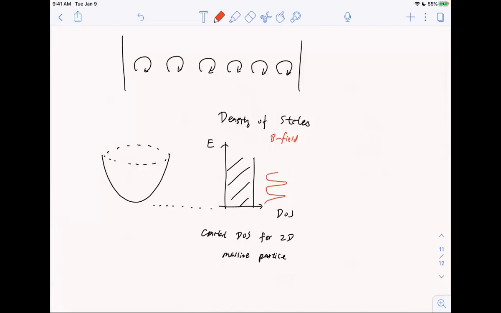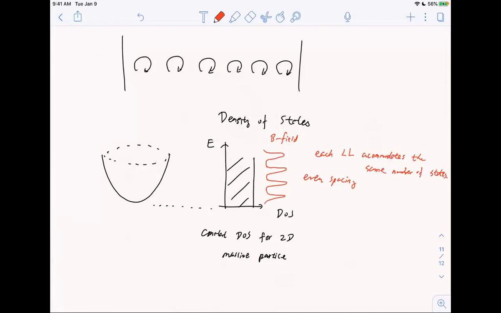You always have an even spacing, because each Landau level accommodates the same number of states.